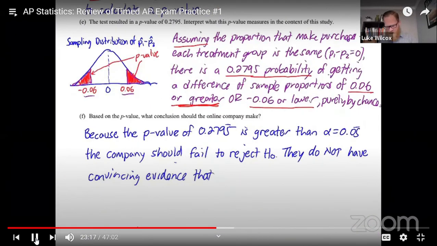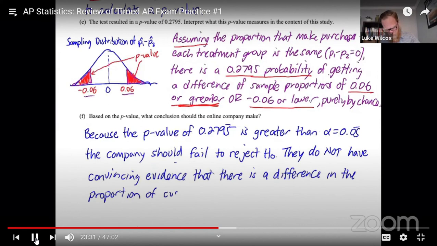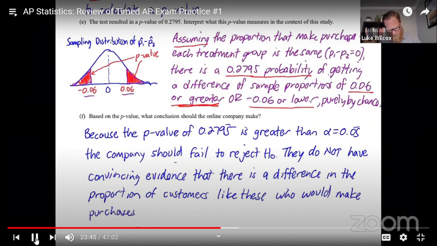So I'm going to say that there is a difference in the proportion of customers like these who would make purchases between the two advertisements.